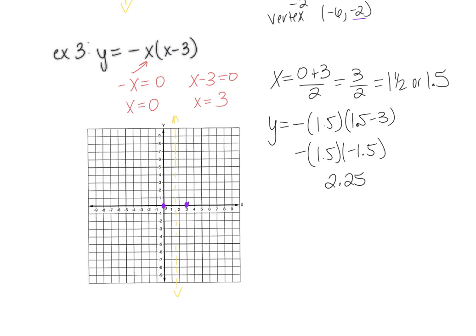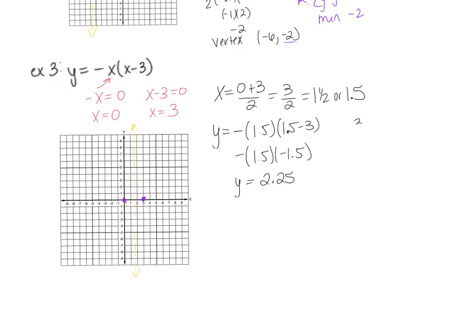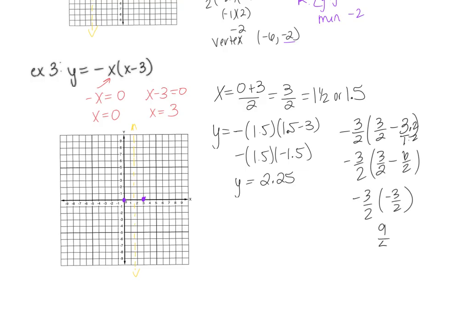2.25. Now when you get decimals like that, you can use a calculator. Now, I prefer fractions. So if you put it in as negative 3 halves, and then negative 3 halves minus 3, you get negative 3 halves times negative 3 halves, which is positive 9 fourths, which is 2 and 1/4.